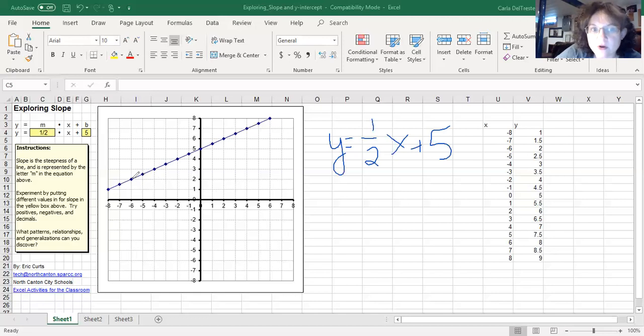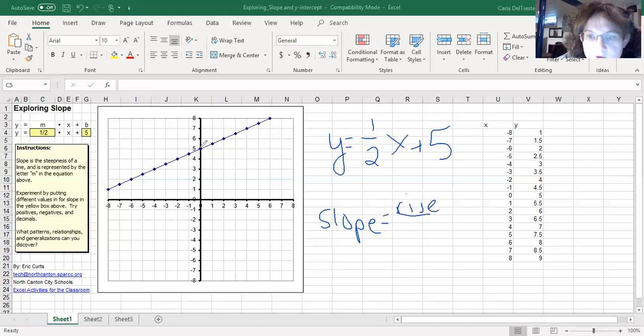However, could I also go up 1 and to the right 2, up 1 to the right 2, up 1 to the right 2? That works also.